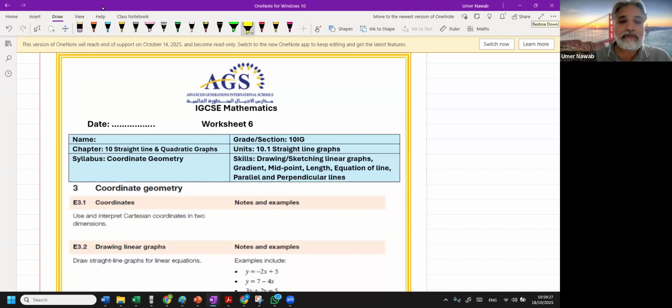For example, worksheet number 6, as I said, is based on coordinate geometry.